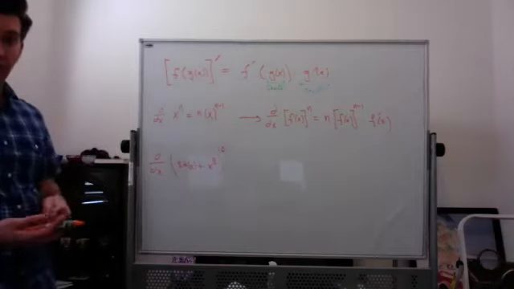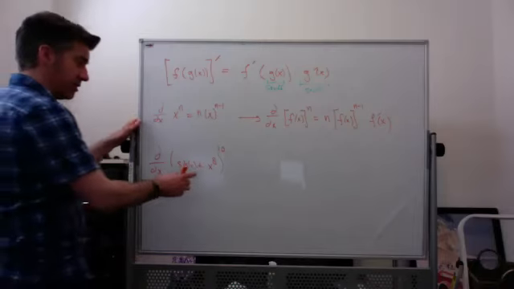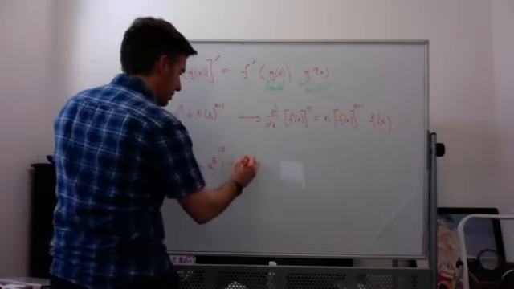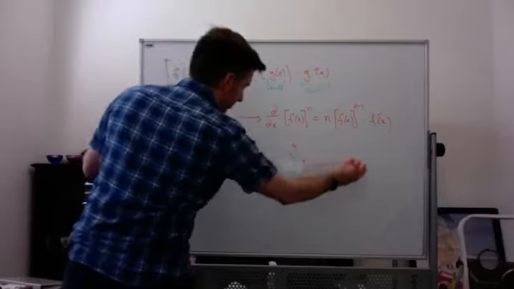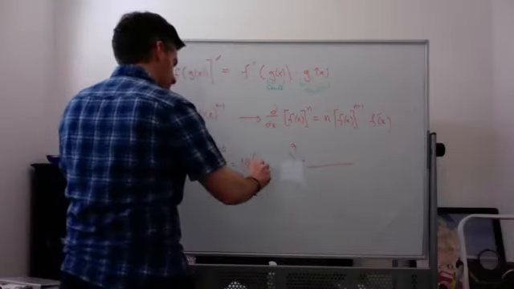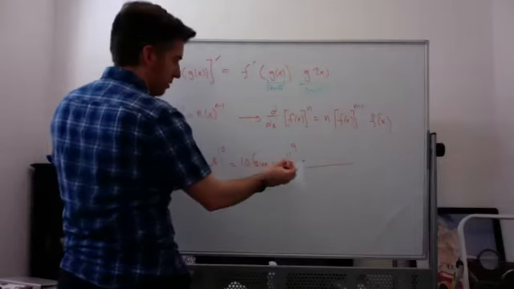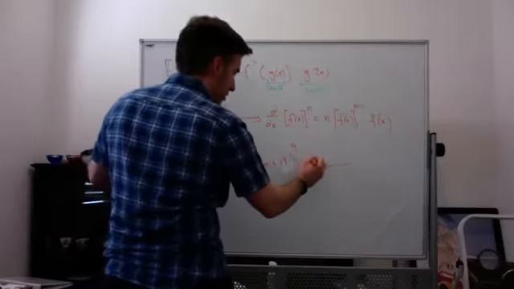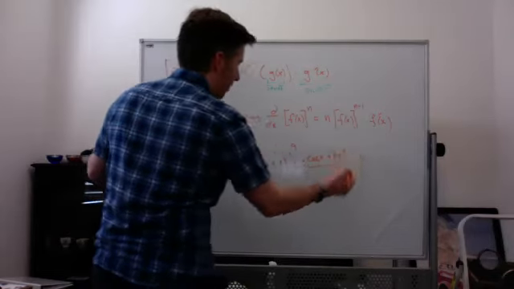I know the derivative of x to the 10th is 10 times x to the 9th. So the derivative of some stuff to the 10th is 10 times my stuff to the 9th times the derivative of that stuff, where my stuff is sine of x plus x to the 8th. And the derivative of that stuff is cosine of x plus 8x to the 7th.